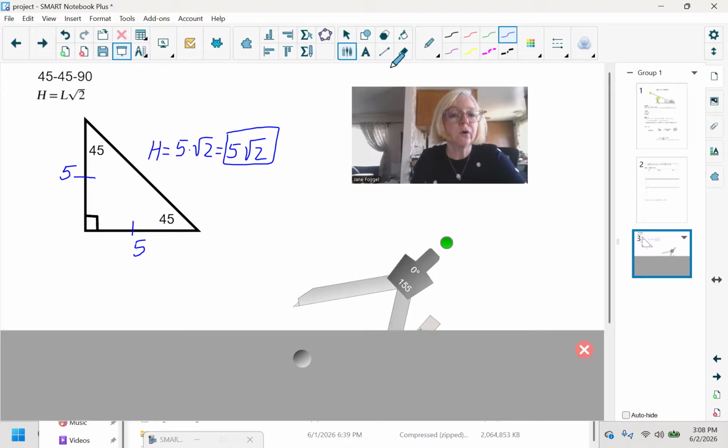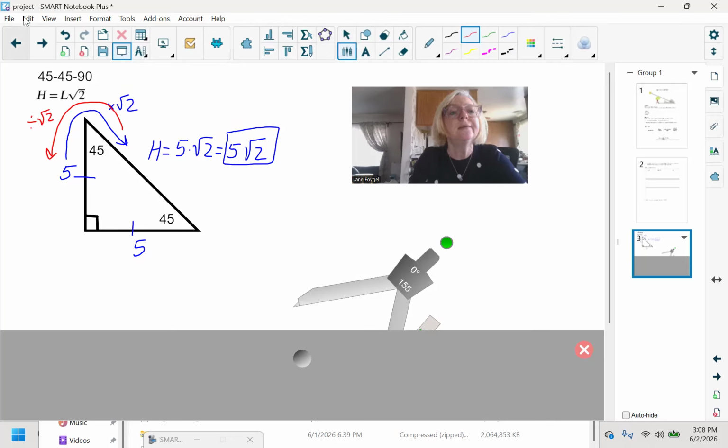So again, to get from this leg to the hypotenuse, we multiply by square root of 2. But if I want to go back, if I have, for example, the hypotenuse, and I would like to see the leg, I have to do the opposite. I have to divide by square root of 2.